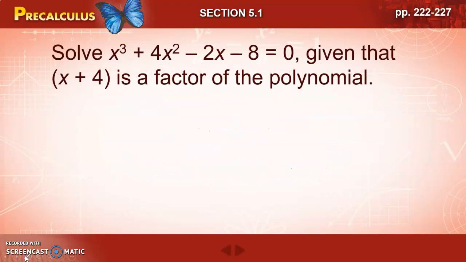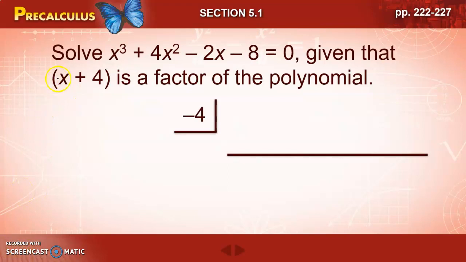Let's solve x cubed plus 4x squared minus 2x minus 8 equals 0, given that x plus 4 is a factor of the polynomial. So we're going to start with synthetic division. Since x plus 4 is the factor, x equals -4. We'll then write our coefficients of the cubed, squared, linear, and constant terms, and begin our process of synthetic division.